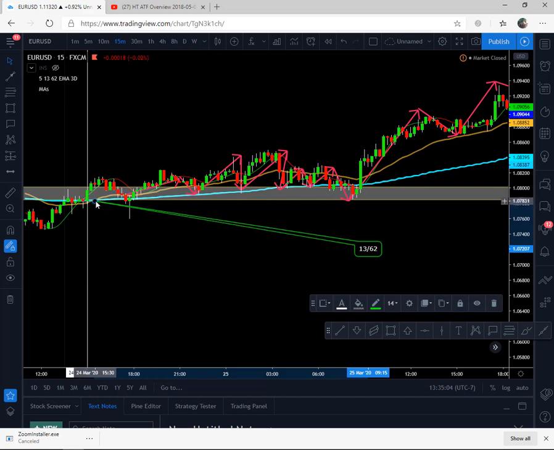So all we are pretty much doing is zooming in.